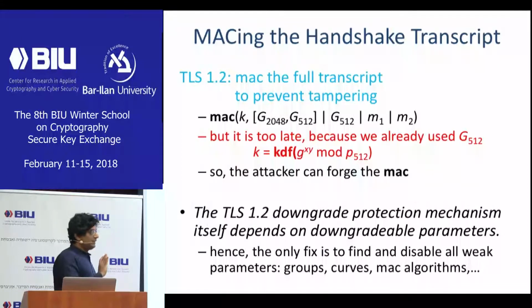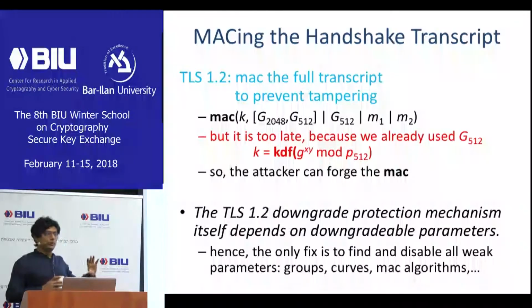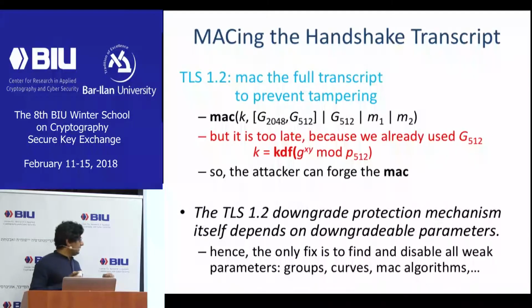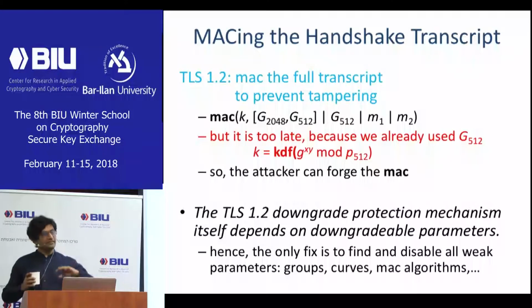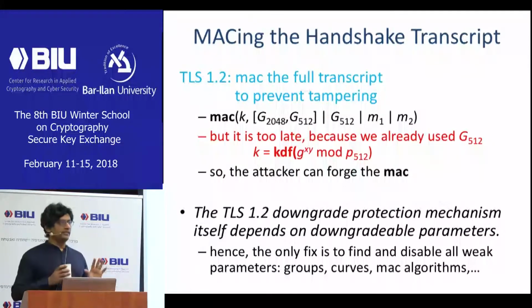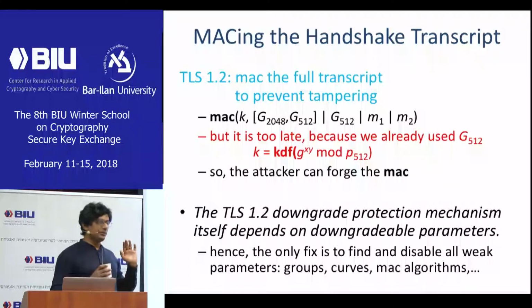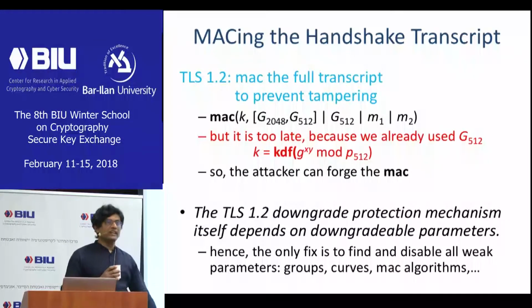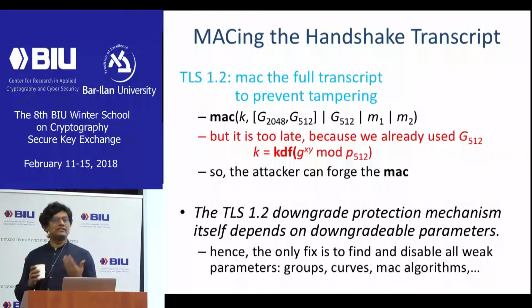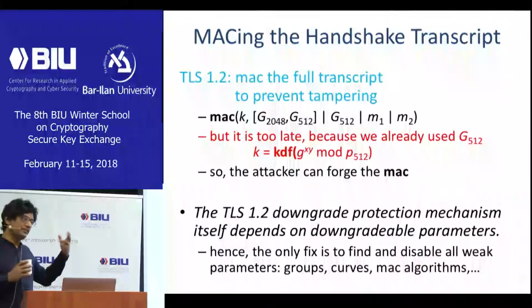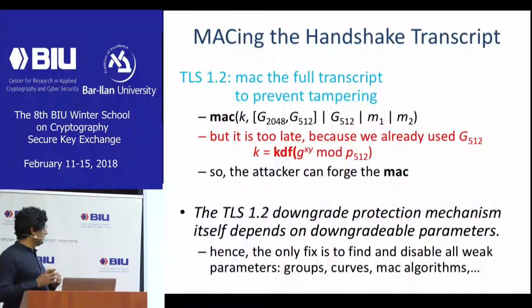So the lesson here is that the design flaw in the protocol is that the downgrade protection mechanism, which is explicitly designed to protect against downgrade, in TLS 1.2 itself depends on downgradable parameters. It doesn't depend on static parameters. It depends on things that can themselves be downgraded.